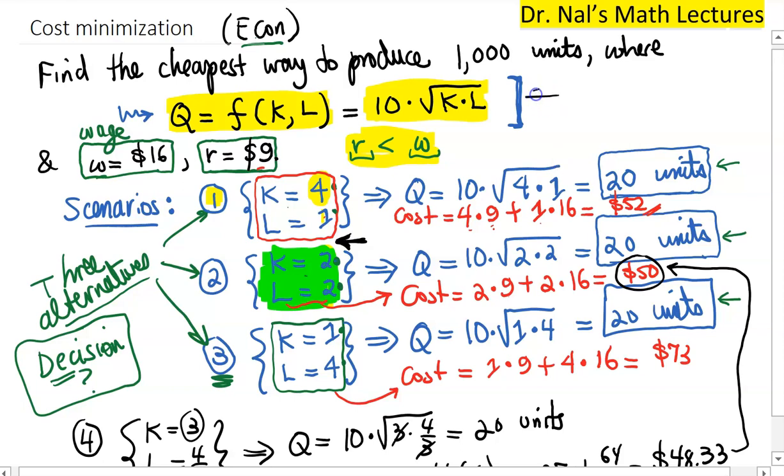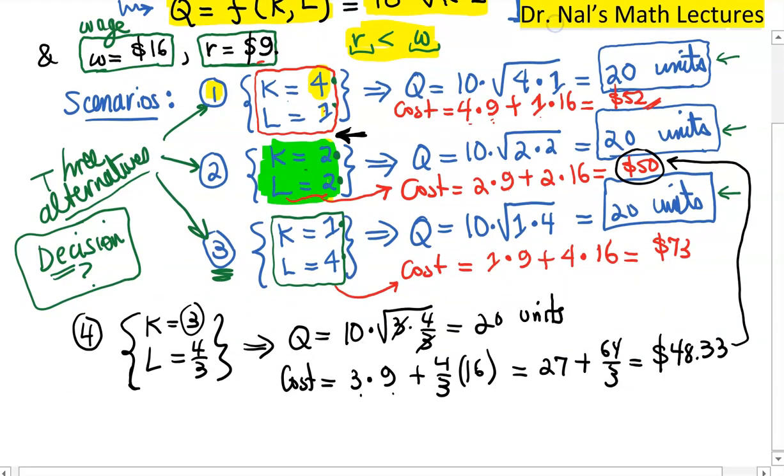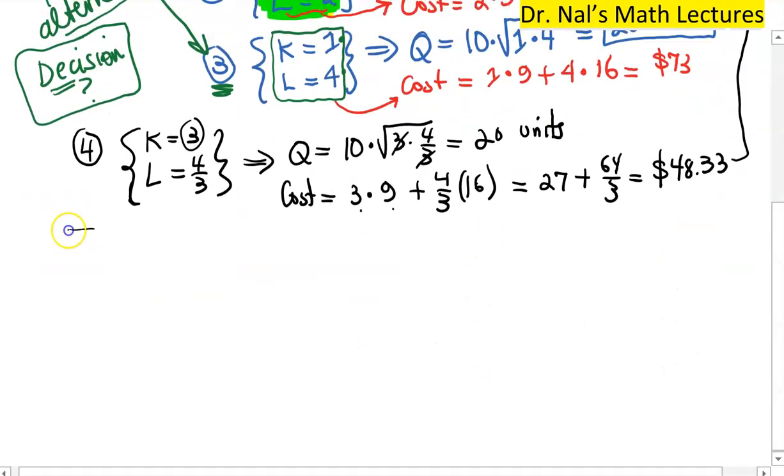Indeed, this is our objective function that we're trying to optimize in this particular example. Sorry, this is the constraint, not the objective. Sorry, my bad. This is the constraint. The objective function is the cost function, right? The cost function that we're trying to minimize. So the problem can be translated into the following fashion.